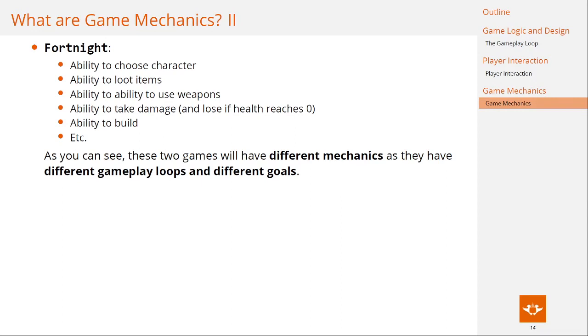There will need to be things like game timers, timing all the players, and maps that can update showing where you and your friends are, and lots of other things. So even though these two games have followed the same process, they have a start point, an end point, and a gameplay loop, the actual mechanics are going to determine how the one game is implemented differently to the other.